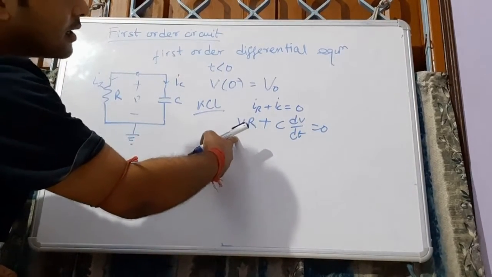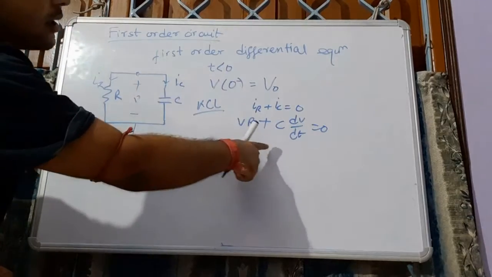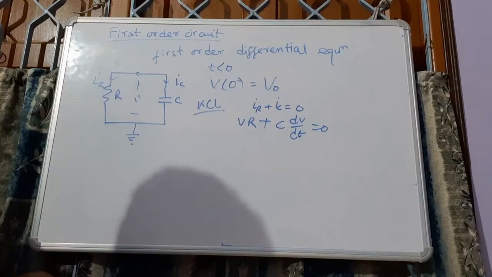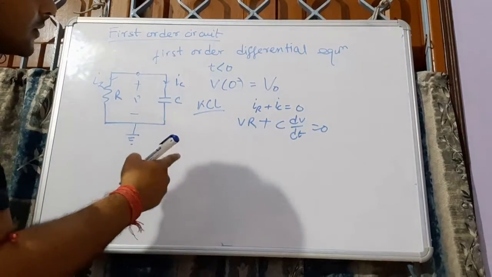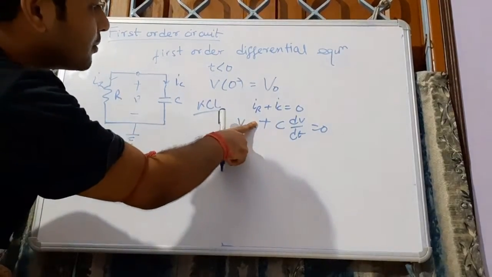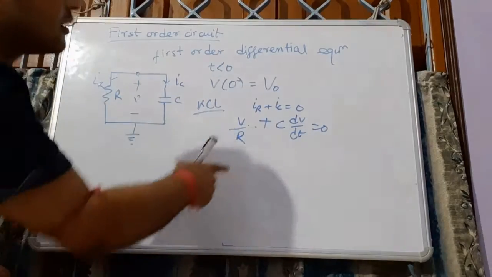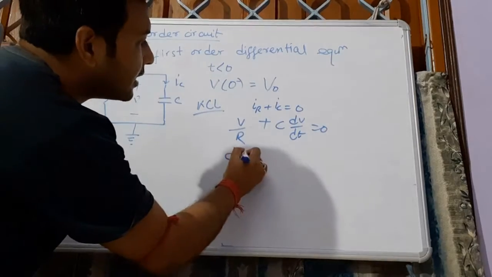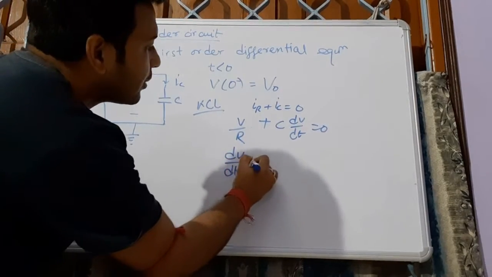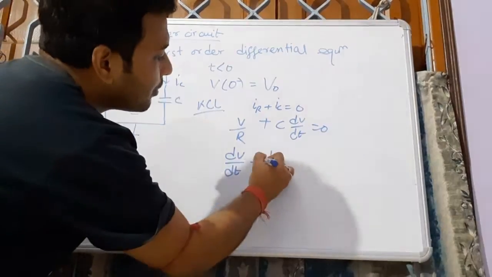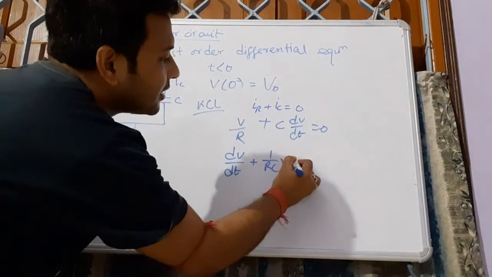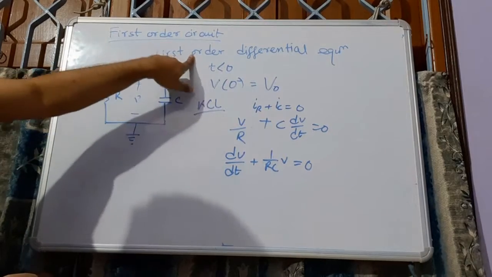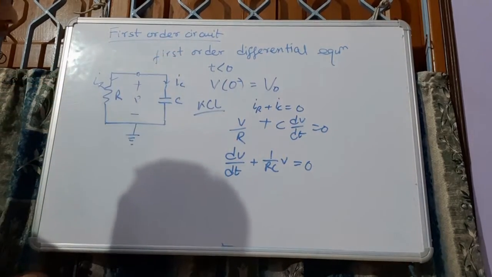Now if I divide this equation by C, we will get dV/dt plus 1/RC times V equals 0. So this is a first order differential equation, right?